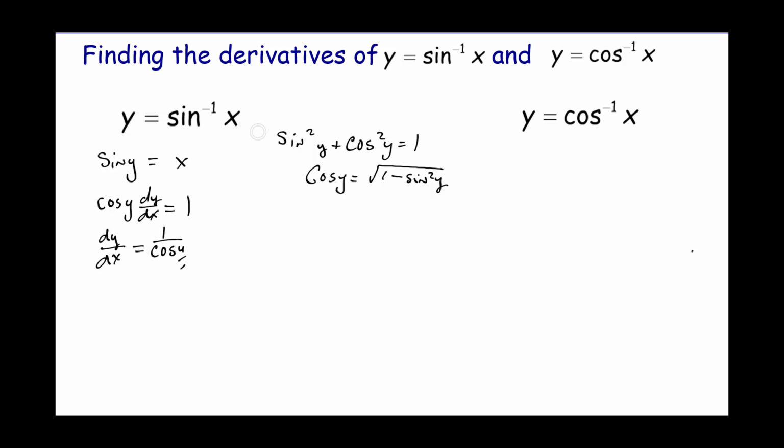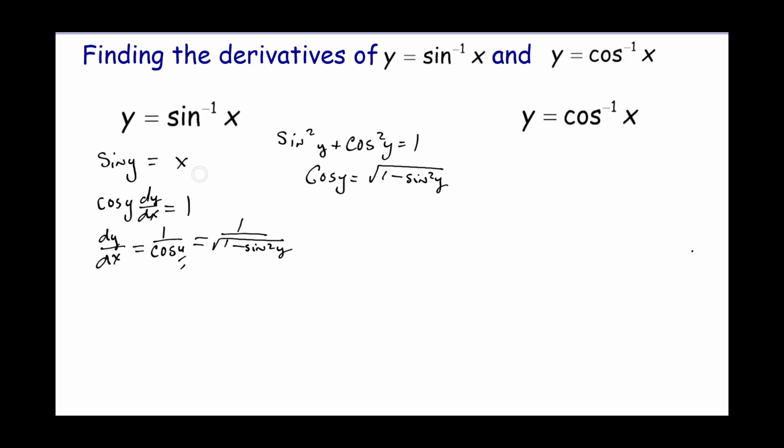Okay, because I have that identity, I can replace the cosine y in my derivative here with the square root of 1 minus sine squared y, like so. Well, we all know what sine y is equal to.